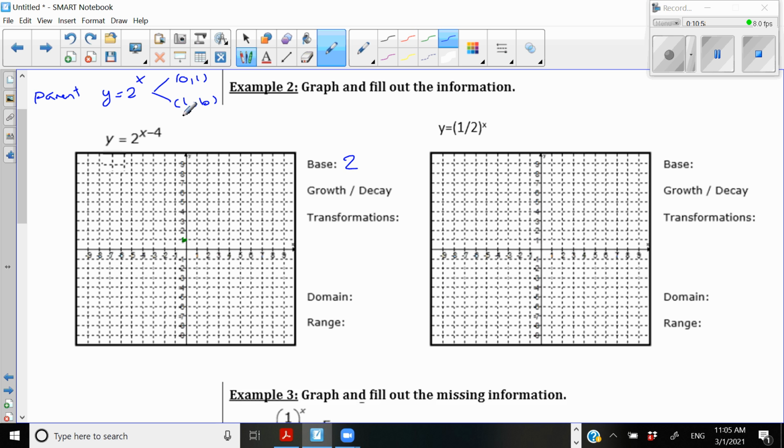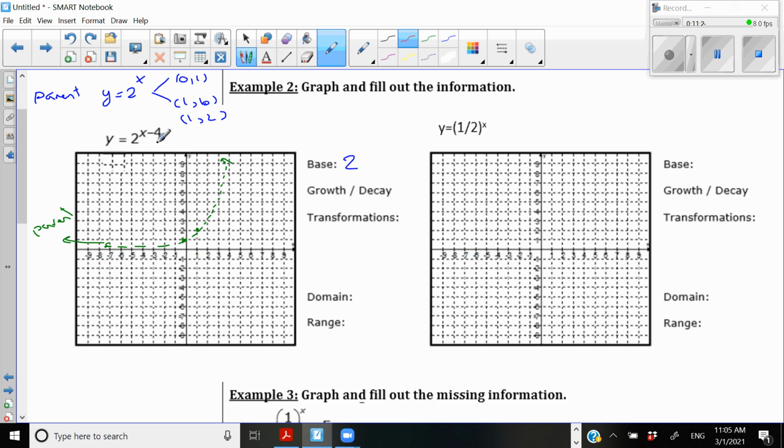So I'm going to write that as 1 and 2. So the points are 0 and 1 and 1 and 2. This is going to make our parent function. I'm going to draw it with a dotted line to say that this is not my original, it's just my parent function for now. So this is the parent function.